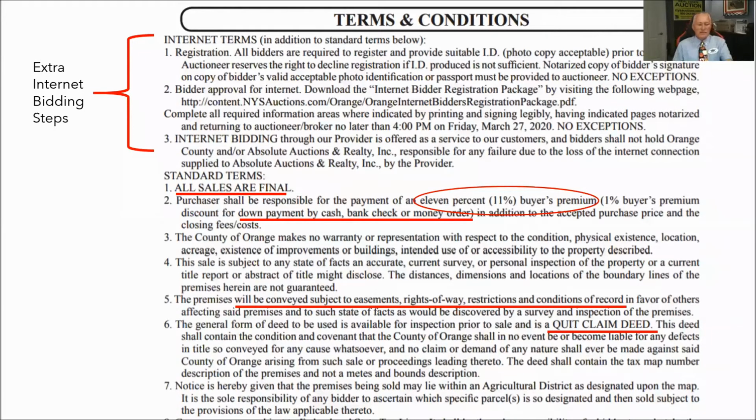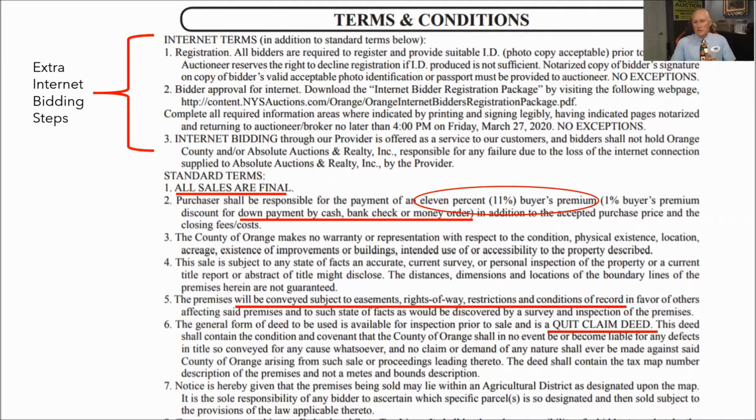So let's dig into some of these terms and look at these things a little closer. Again, these are not all standard terms throughout the state, but they're all very similar to what we're going to go over with you. Most of the time, the terms begin with what we call internet terms. These are in addition to the standard terms that follow.